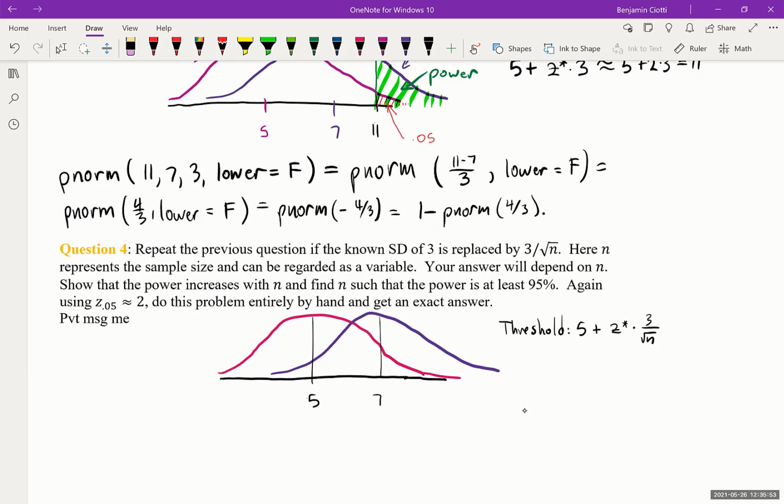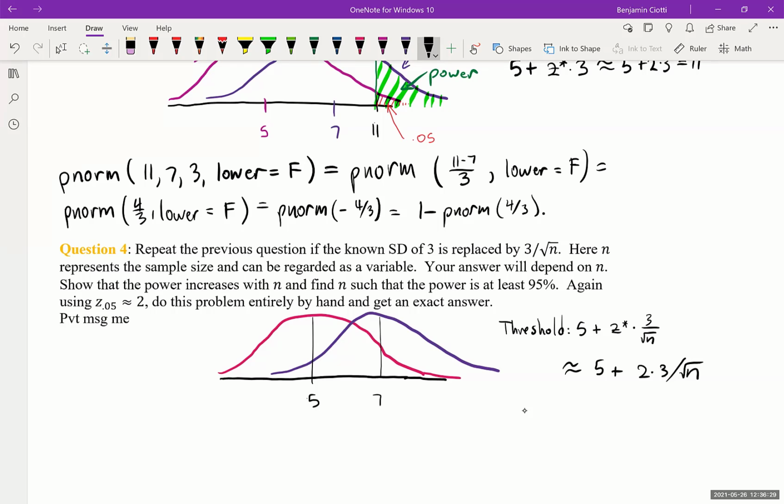Sometimes we do 1.96. That's a bit more accurate, but for this problem, we'll just use 2. Okay. So that's some number. I don't know where that is, but now let's standardize that relative to the true distribution in order to find the power.